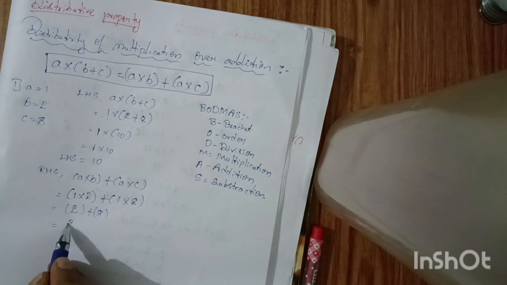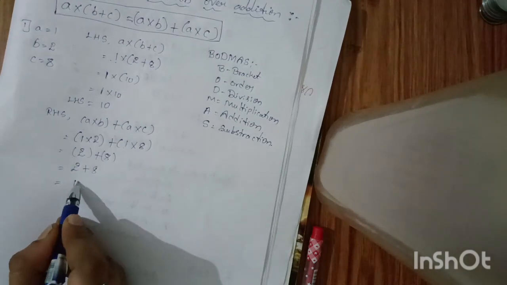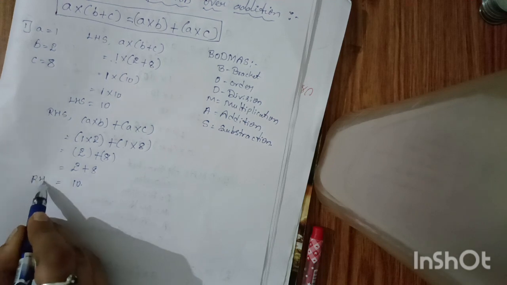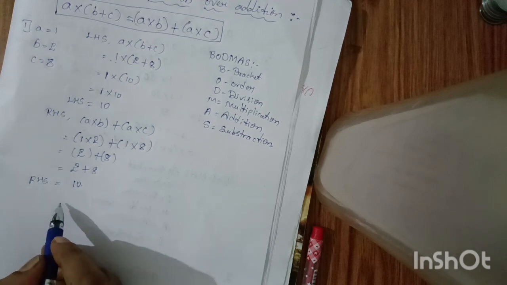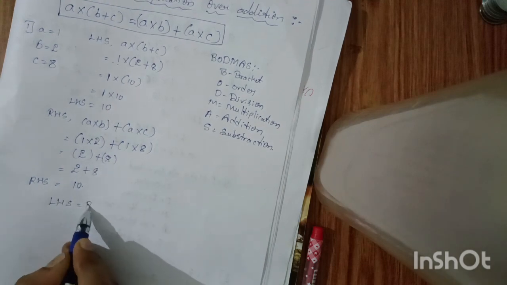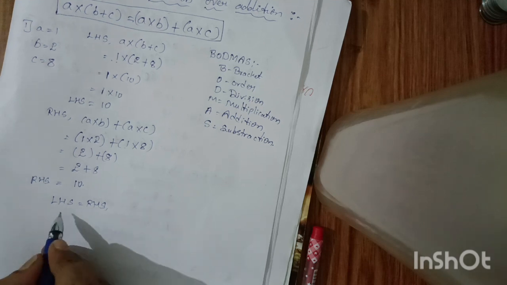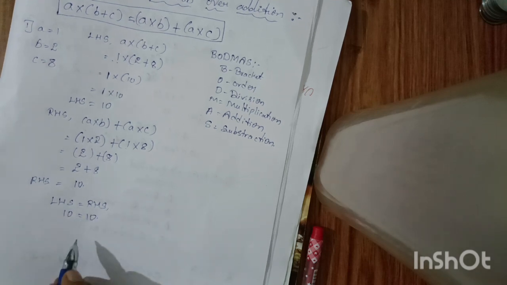So remove the bracket now: 2 plus 8. Next, 2 plus 8 is 10. So RHS also we have 10. So LHS is equal to RHS, that is 10 is equal to 10.